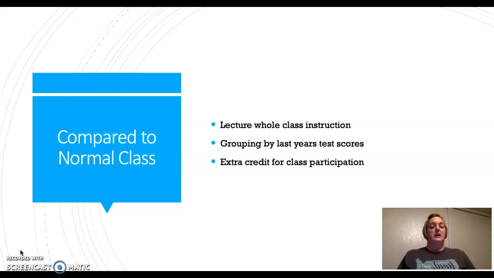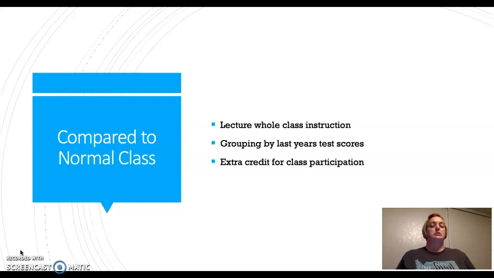And sometimes they do better if they see it versus hear it, and if you're going to lecture a whole classroom, then there's nothing for them to see. So it all depends on the student's learning style as to whether a lecture class is good or not. But with a differentiated class, the students are able to learn at their pace and their learning style.